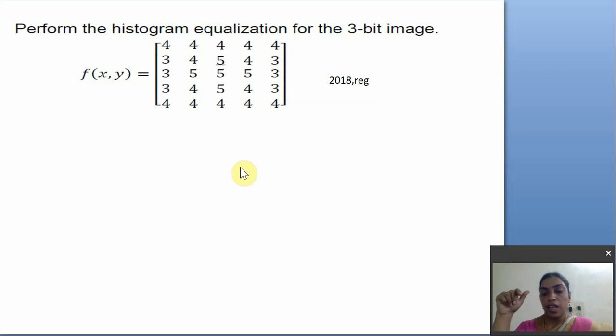After getting SK, round off the SK values and establish SK to PS of SK. Then draw the transformation characteristic graph between input and output, SK versus RK, and also draw the equalized histogram, that is the output image histogram, PS of SK versus SK. Draw all these diagrams and tables, and do the calculation based on the formula.